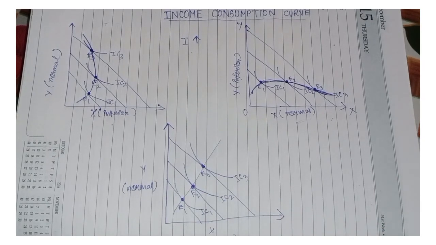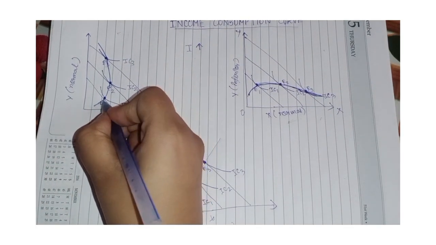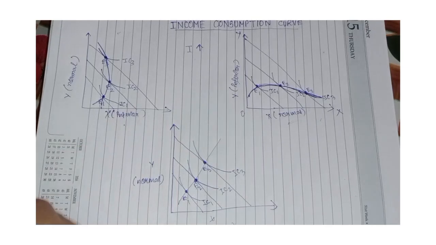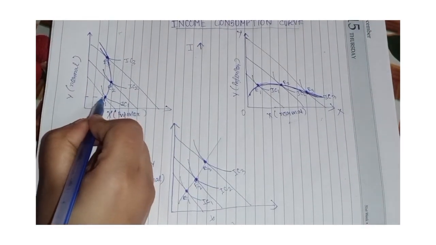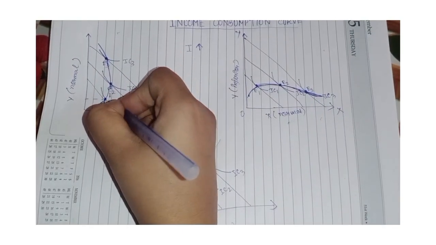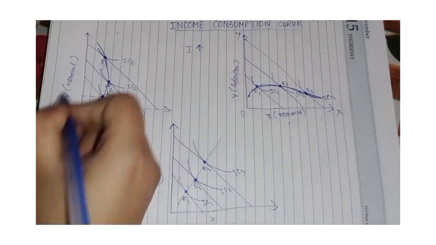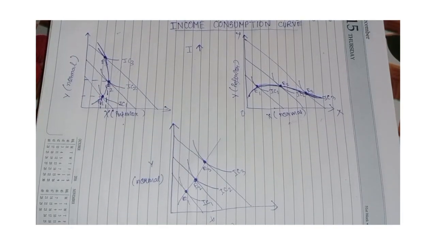Clear? Now for better understanding, if we see in this first diagram, see, first the consumer was consuming this much of X, okay, and this much of Y. Then the consumer was consuming this much of X but a higher amount of Y. Okay.